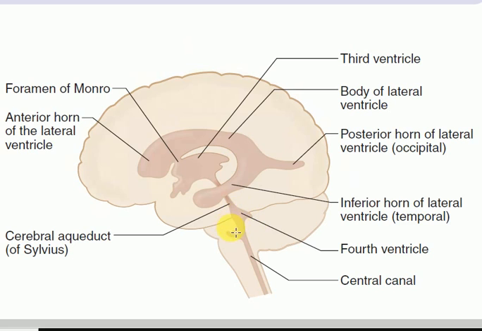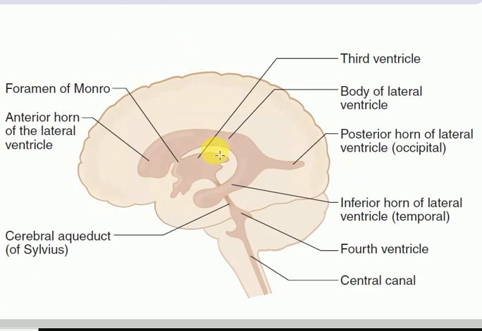Choroid plexus is a specialized form of epithelium, which contains choroidal arteries. Through the choroidal arteries, the CSF is produced, and it is just an ultrafiltrate of the plasma. So the choroidal arteries will produce the CSF in the lateral ventricle, the third ventricle, and the fourth ventricle.